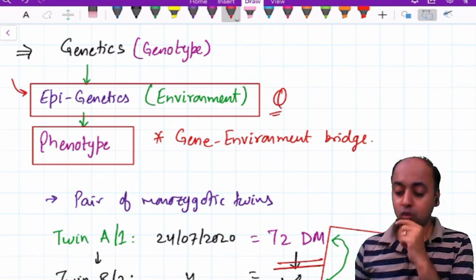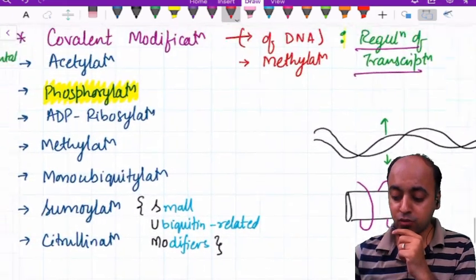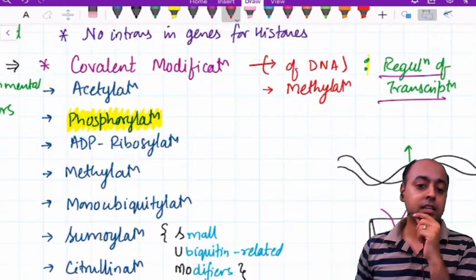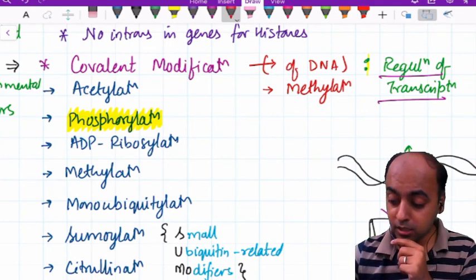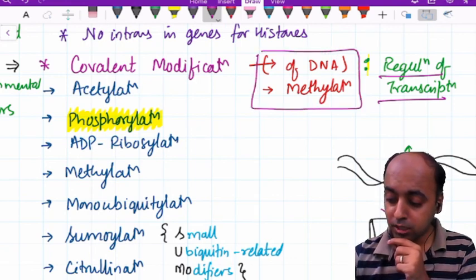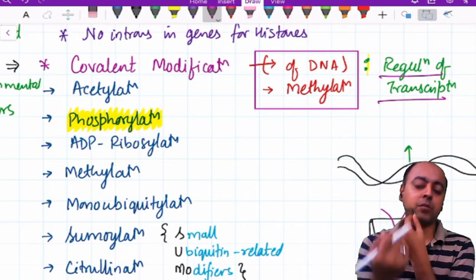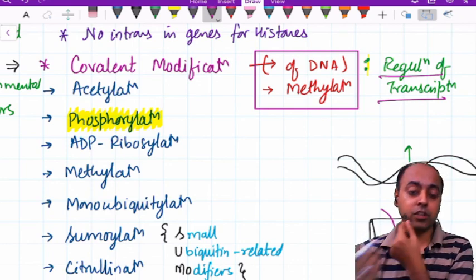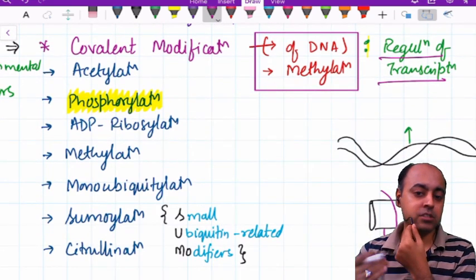So you should know about epigenetics, and you should remember the different types of covalent modification that are seen inside the histones, and also in the DNA. In DNA, we said only the methylation will be seen. This methyl group can be removed, it can be added. Methylation, demethylation. But for the histones, we have 7 different types of modification that can be seen.